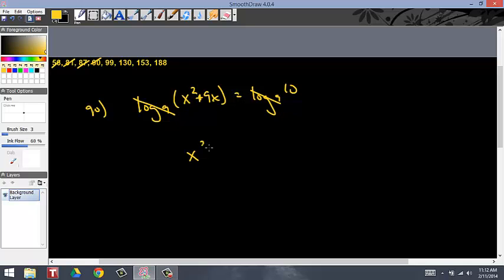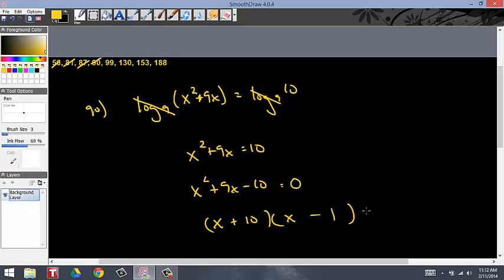Bam. So you get x squared plus 9x equals 10. x squared plus 9x minus 10 equals 0. So it looks like x plus 10 times x minus 1 is the factor. So x equals negative 10 and 1.